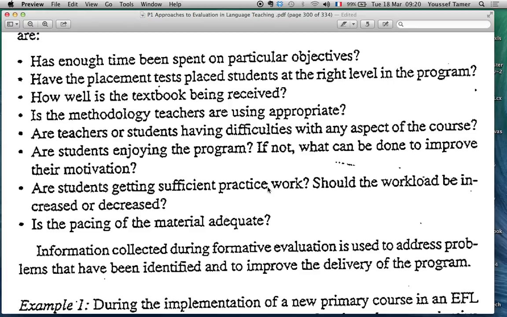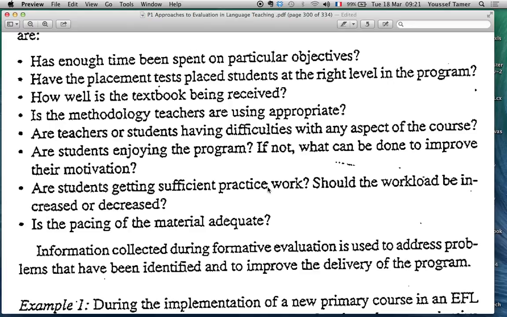And then another story, especially with regard to language teaching and learning, is the placement test. If you go to a language center, placement tests are never perfect. You know this story? So far, up to now, they are never perfect. Okay, so it's just one of the ways to help you know the student's level in order to place them into the appropriate program. So that's why it should be part of the formative evaluation.